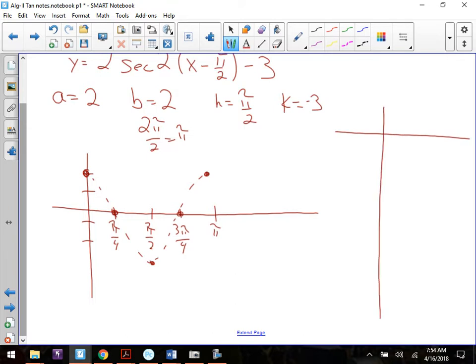So we're at 0 and 2. Pi over 4 is 0. Pi over 2, -2. 3 pi over 4, 0, and pi, 2.